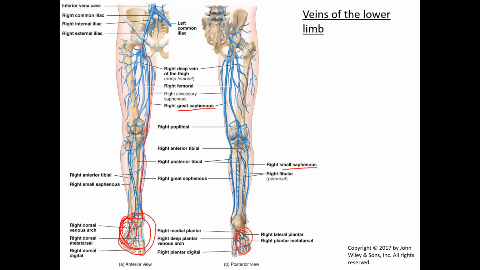So on the top and bottom. And it's going to run posterior to the lateral malleolus, right here. So this is the small saphenous vein. Okay, along the lateral side of the leg, and it's going to drain into the popliteal vein, which then turns into the femoral vein, and away up we go.